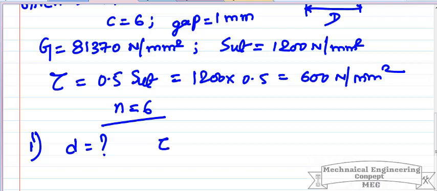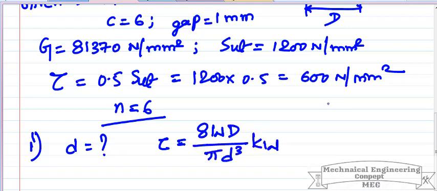We need to remember this formula: shear stress tau equals 8WD by pi d cube into Kw. As we know, spring index C is capital D by small d. Capital D and small d are unknown, but C is given to us as 6.